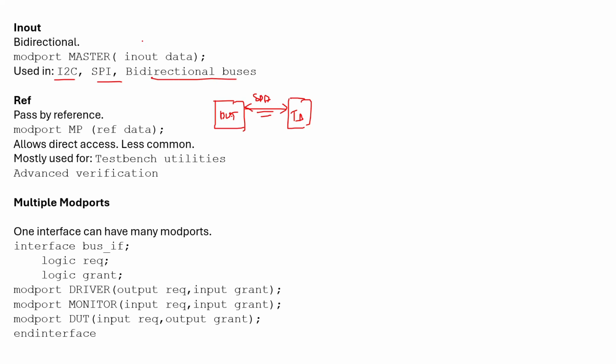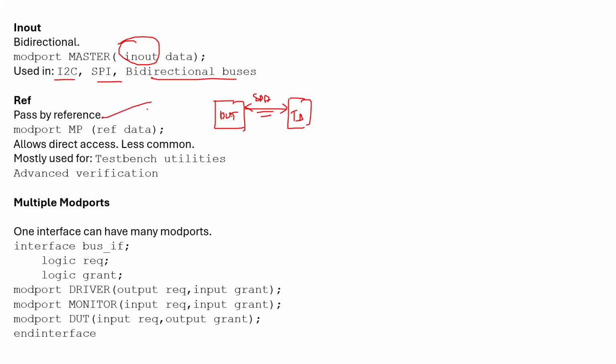At that time, the master we are representing with an inout port. So in the modport, we are representing the master as inout. That means input to the DUT, output for the TB, and then output from the DUT, input to the TB. So that is the inout port we are representing.